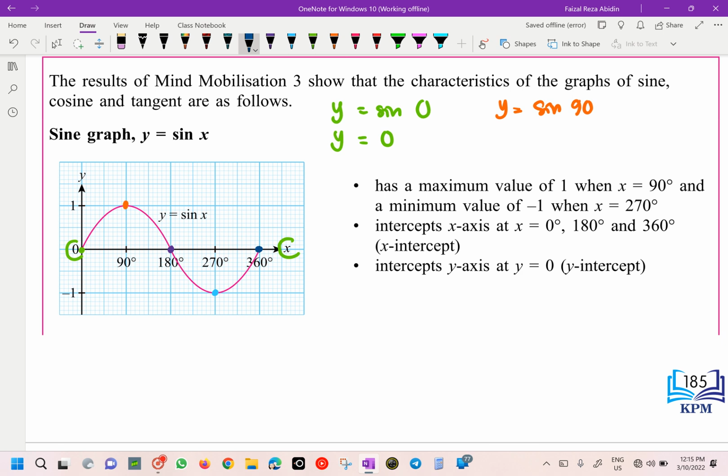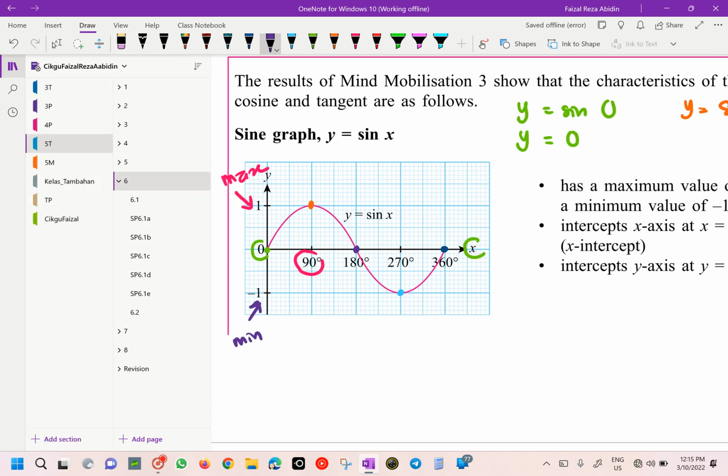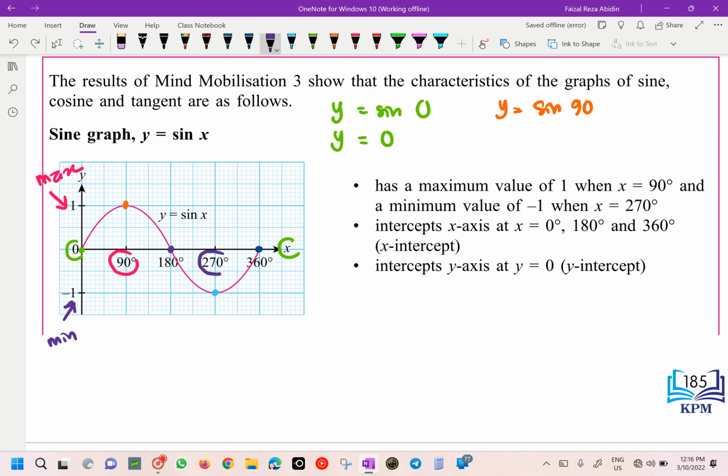That's why if you look over there, where is our maximum value? Over here. This is the maximum value, which is 1, when x equals 90, and the minimum value is negative 1 when x is 270 here. Can?